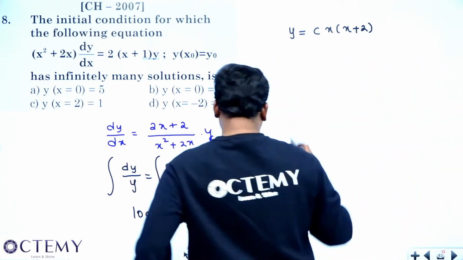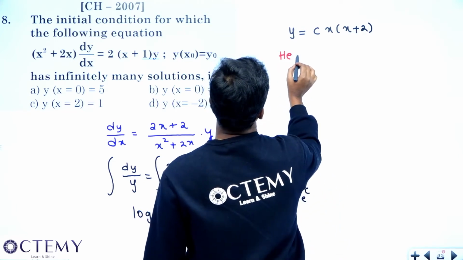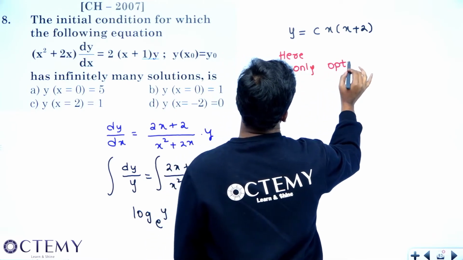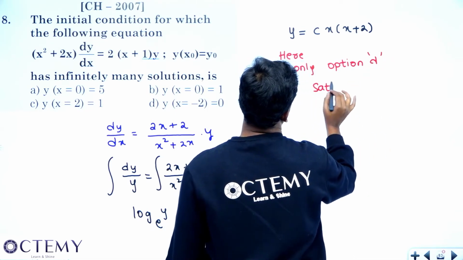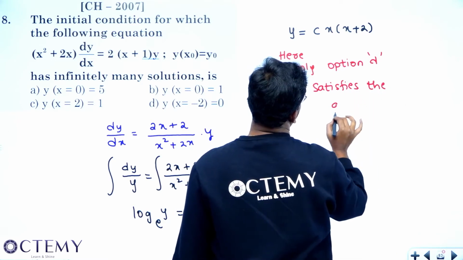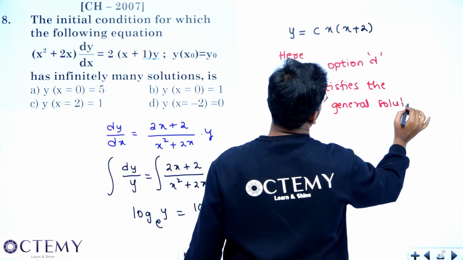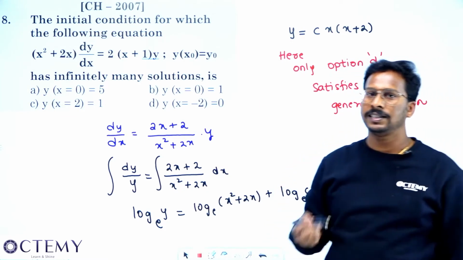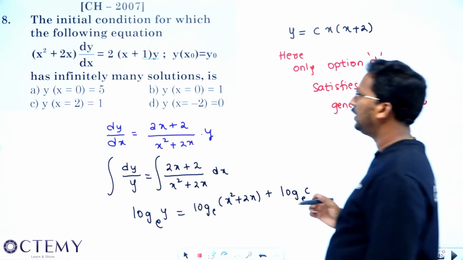Here I can write the conclusion: only option D satisfies the general solution. What is the meaning of general solution? Whenever you get a general solution, it means infinite solutions. By changing the initial condition, your general solution becomes a particular solution. So option D should be right.